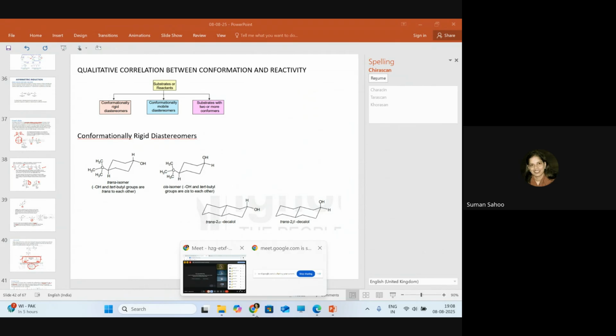You can go through the questions given at the end of your units, the chapters. From those also you can get some questions.